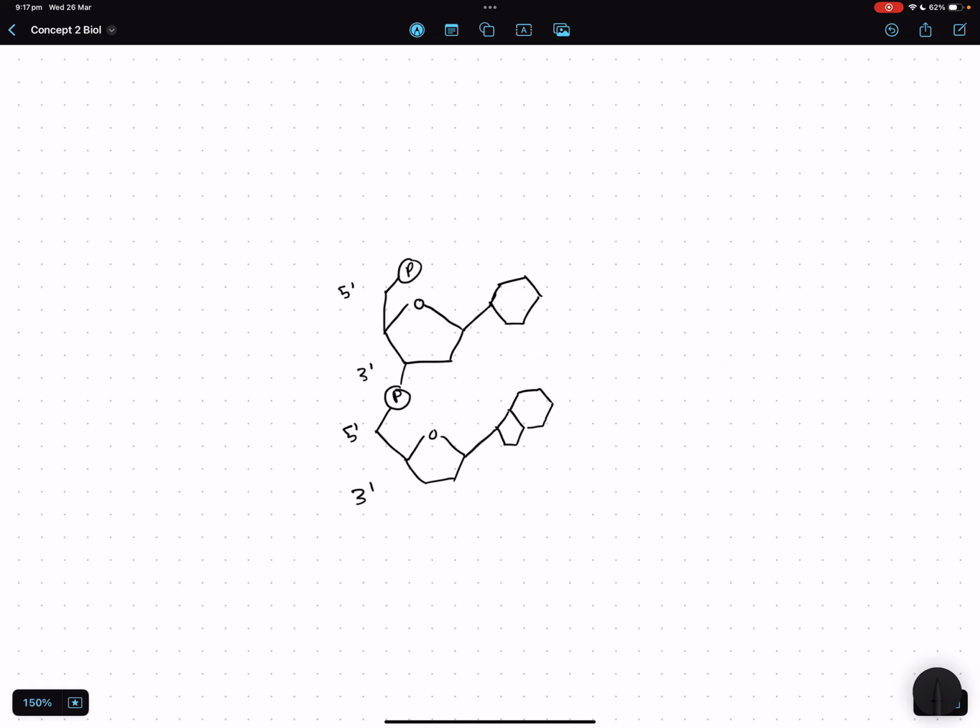So this structure basically is like this. The fact that there's this phosphate here and this phosphate here, it's called a sugar phosphate backbone.